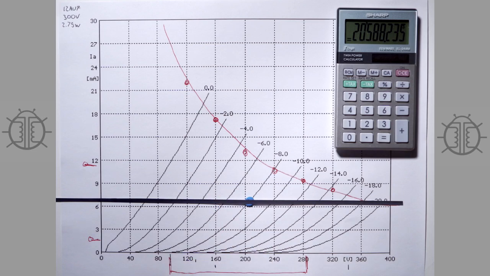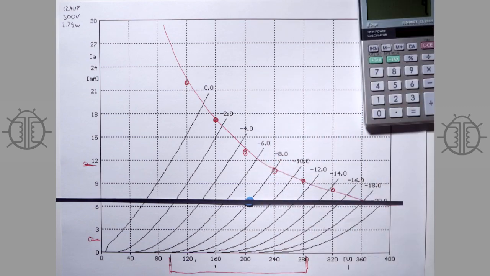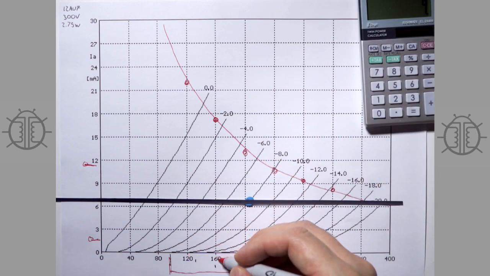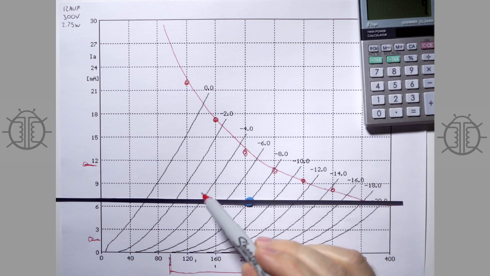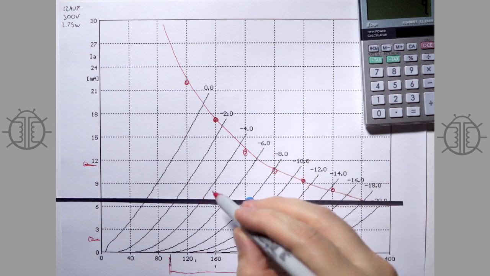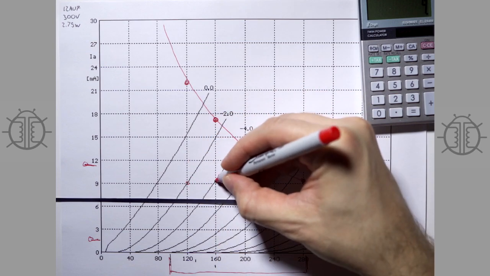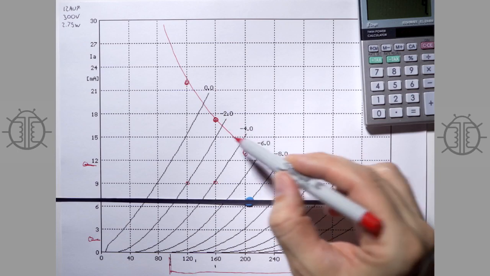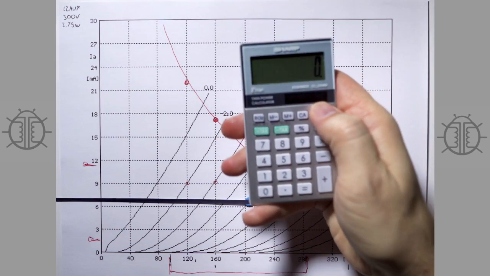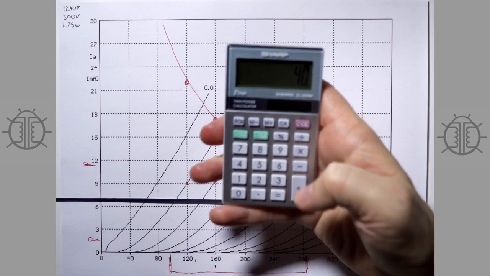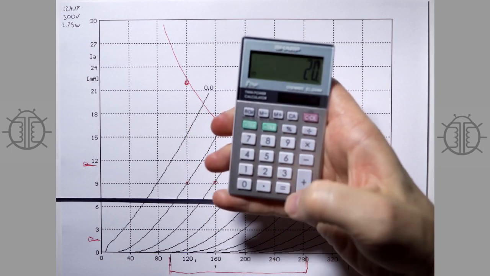In fact, I'll do that right now. So what we got here is I just did it between here and here because those were convenient. And I looked here and I said, this is 2 volts difference here. So 2 volts on the grid equals the difference between 120 and 160. So 40 volts. And so what you do is you go 40, this is easy obviously, do it in your head, divided by 2, 20.